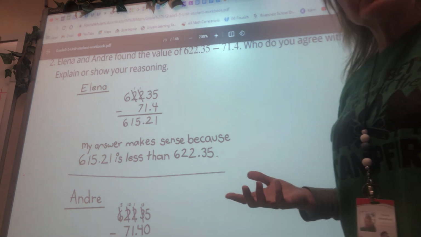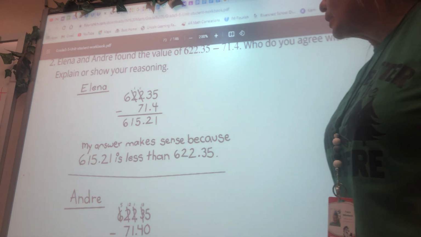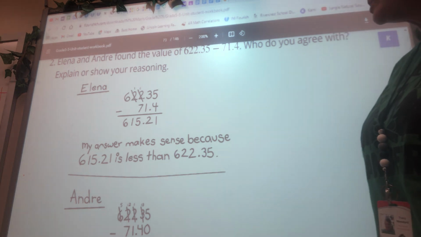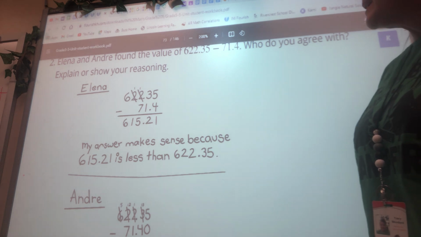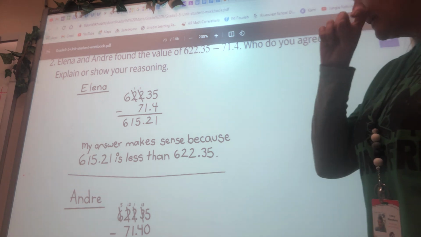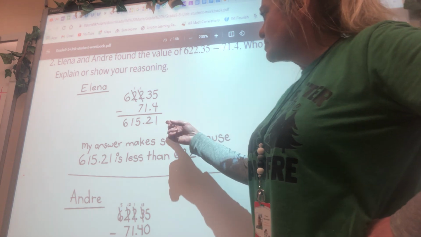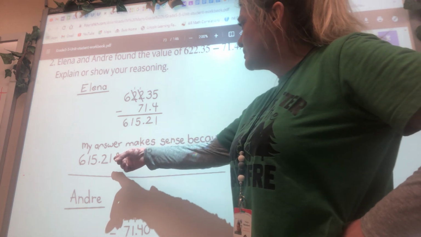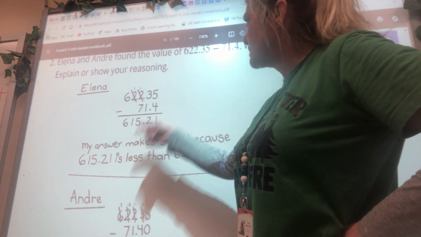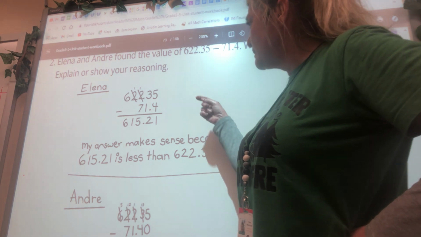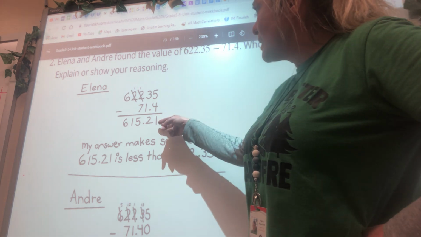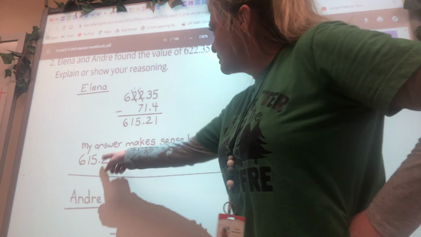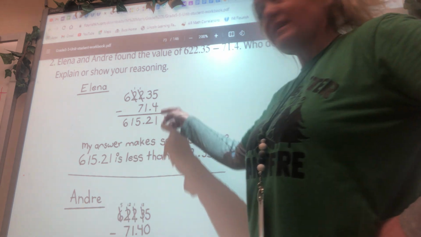And we know we have to line our decimals up when we're subtracting decimal numbers. And she says it makes sense that her answer is 615 and 21 hundredths because it's less than this. And it is, but it's not but about 10 less, is it?